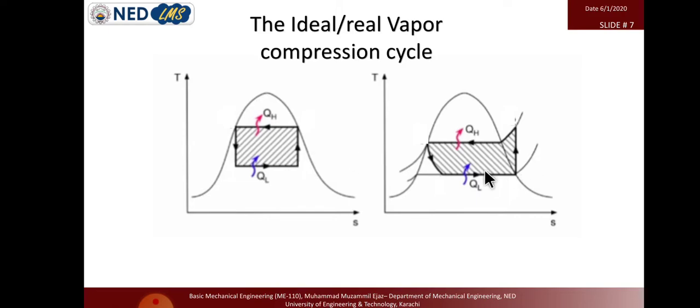It evaporates and becomes a gas and is then sucked into the compressor, and the process continues like this. This is the ideal cycle, but in the actual cycle we cannot work under the dome. You know that the compressor works only on gases, not with a mixture of liquid and vapor.